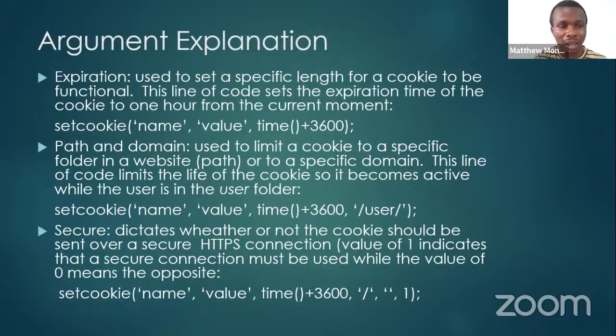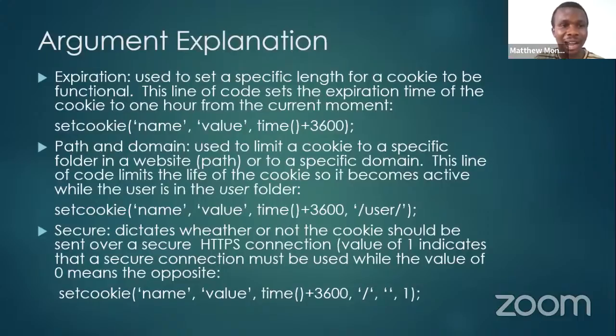Then we have another option, the secure. The secure is used to determine whether or not this cookie can be used during the HTTP connection. Now, if you supply a 1 as the value for secure, it is expected that the cookie is only meant for those that have the HTTPS connection.